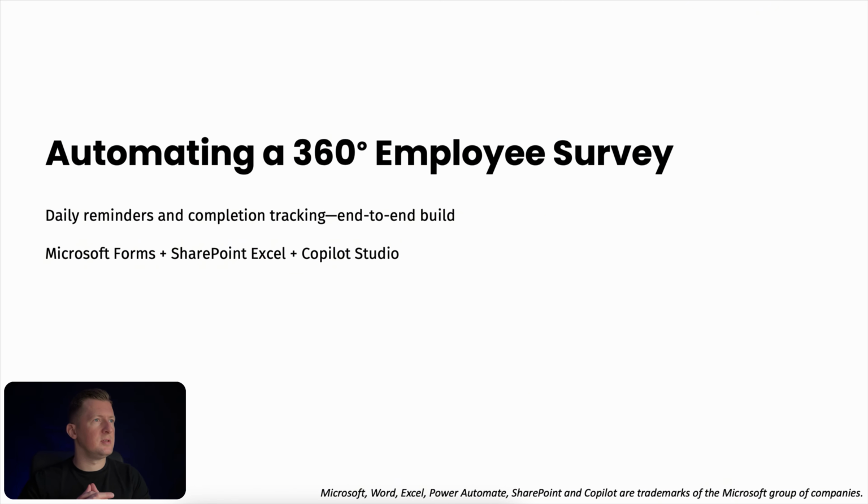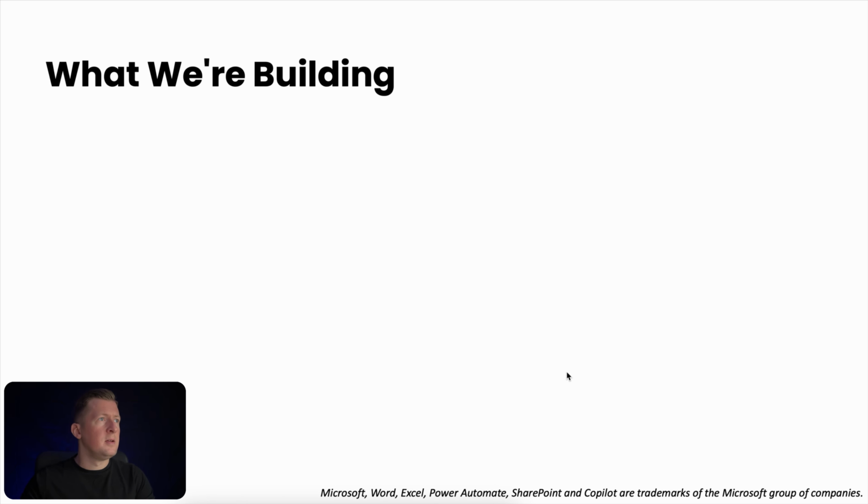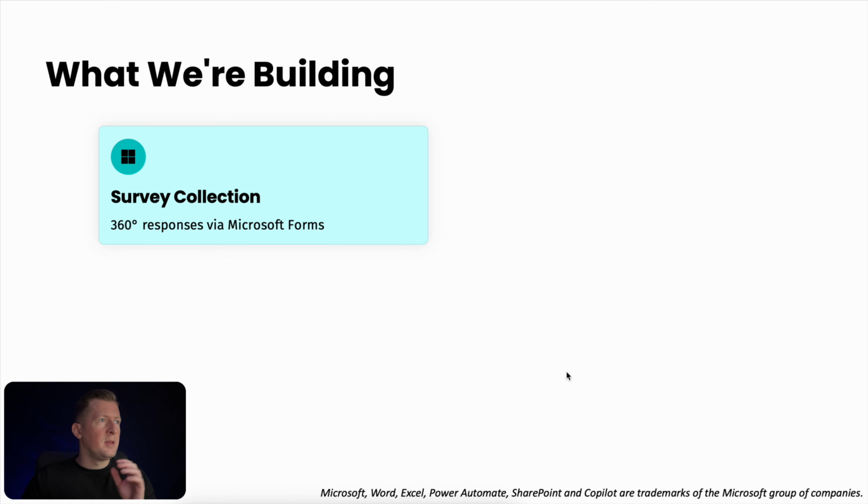Let's dive into it. So, as I mentioned, the topic is automating a 360-degree employee survey with the help of Microsoft Forms, SharePoint Excel, and Copilot Studio. What we are building now, we are creating a survey for collecting answers with the help of Microsoft Forms.